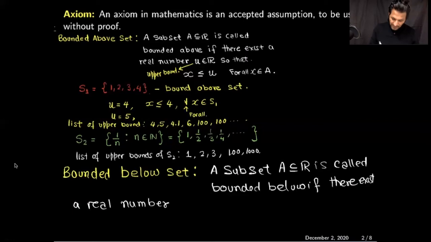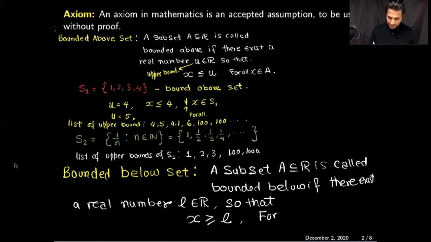This time I'm going to call that real number L, so that each element of the set is bigger than or equal to that real number, for all x belonging to A. And that number L which exists is called a lower bound.